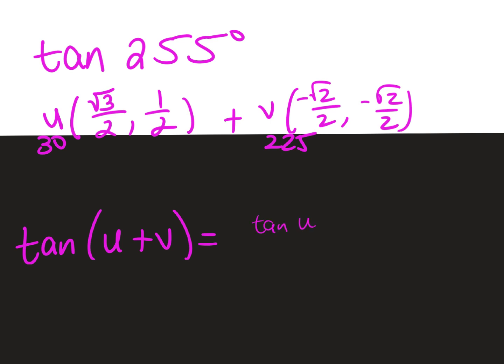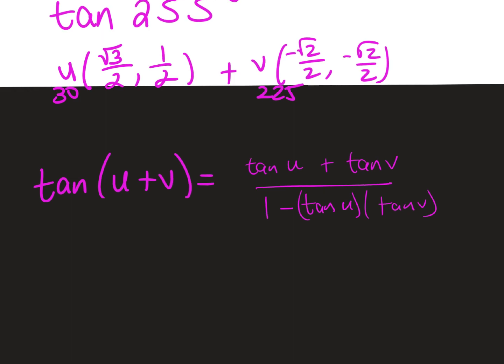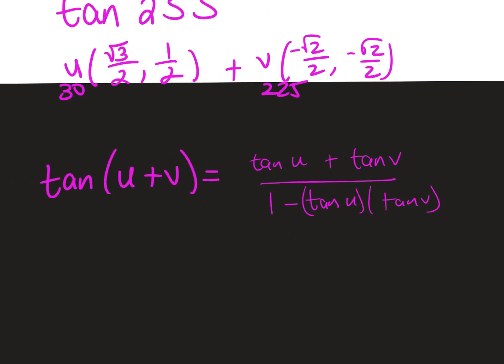Tangent of U plus tangent of V. Okay. Now, this gave a bunch of you a run for your money, right? This is not the easiest of questions. How do we find the tangents?